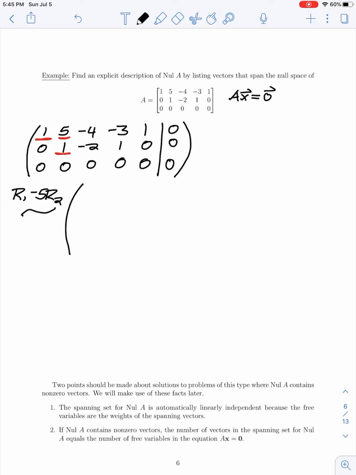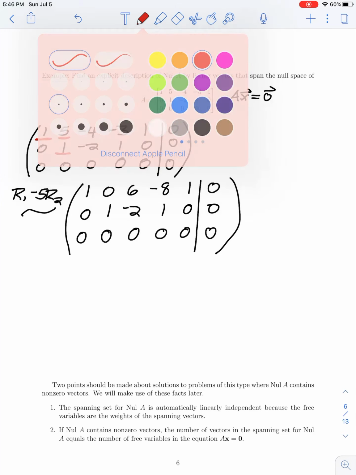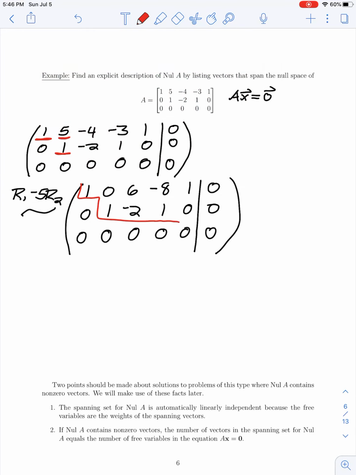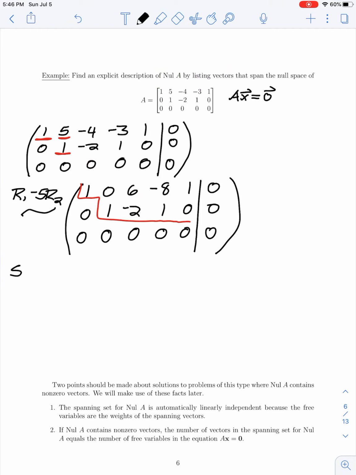This makes our first row 1, 0, 6, -8, 1, augmented with 0. Our second row is left alone, and our third row is left alone, all zeros. So the corresponding matrix is now in reduced row echelon form, so we can describe our solution set by looking at the rows of this matrix.